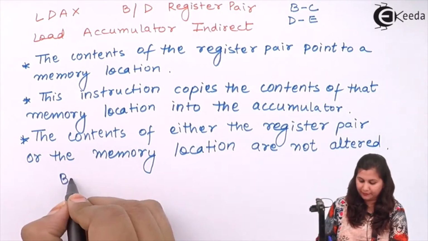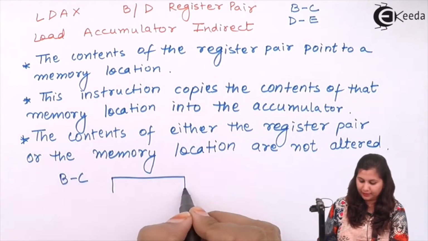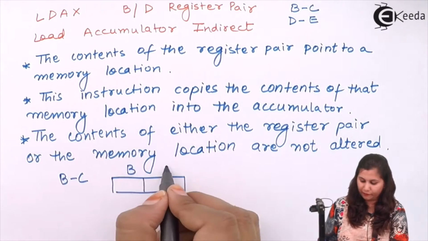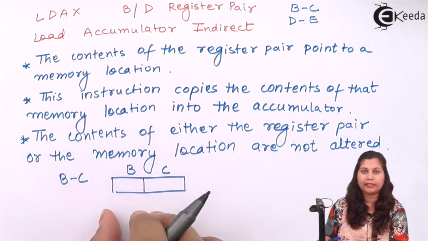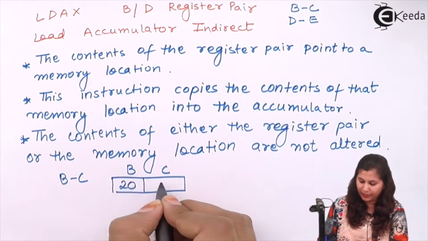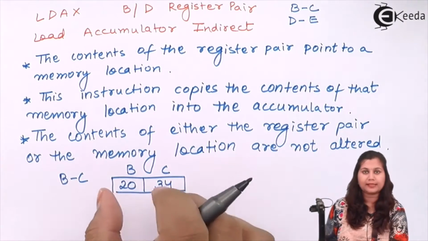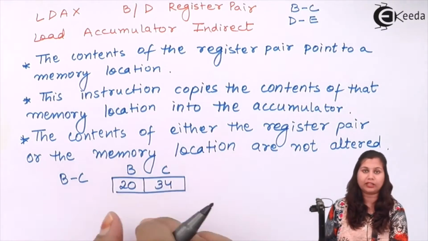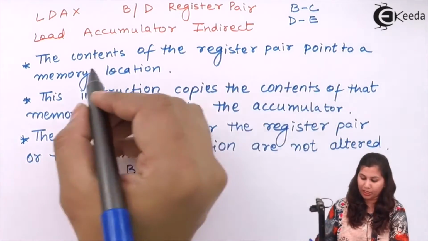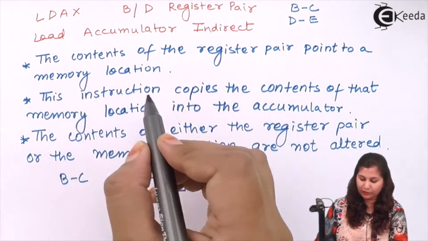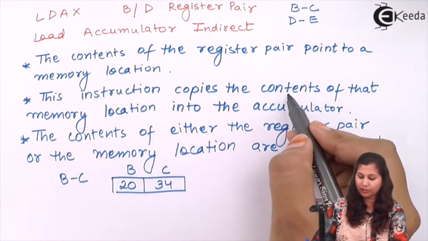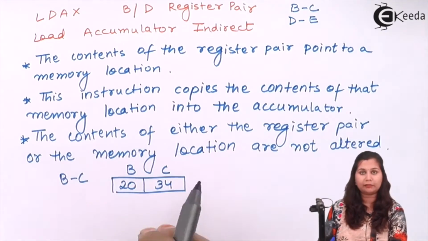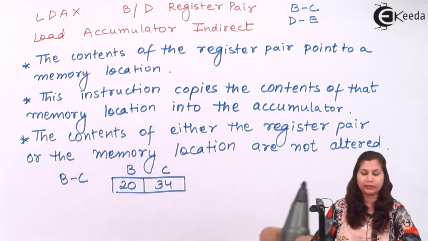Suppose we are using BC, so the BC register pair will have a memory location in it. Suppose we have 2034. This memory location is being saved in the BC register pair. So it points to a memory location. This instruction will copy the content of that memory location into the accumulator.